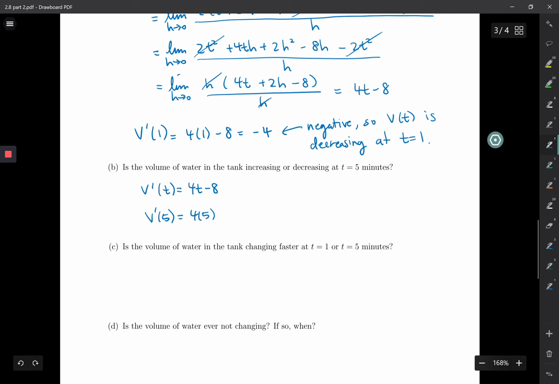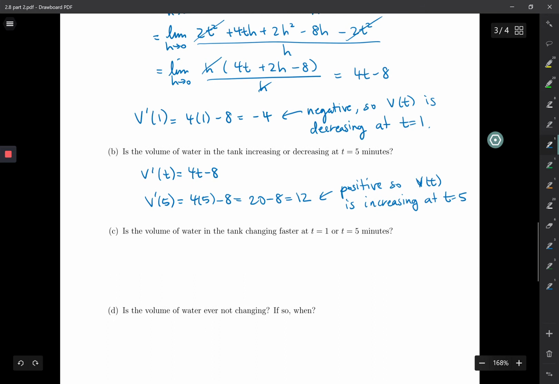So we have 4 times 5 minus 8, which is 20 minus 8, which is 12. And so that's positive. So the function v of t is increasing at t equals 5.